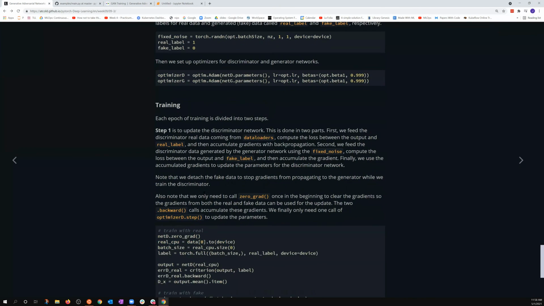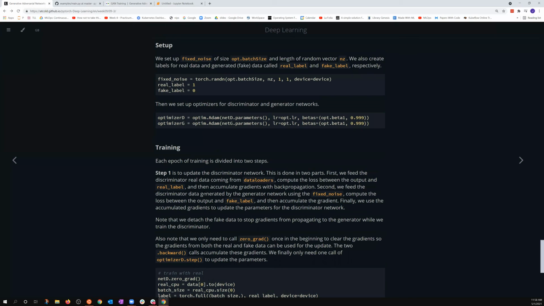I thought also about this, but my question is, when we call step, we're using optimizer D, which was created using only the discriminator parameters.